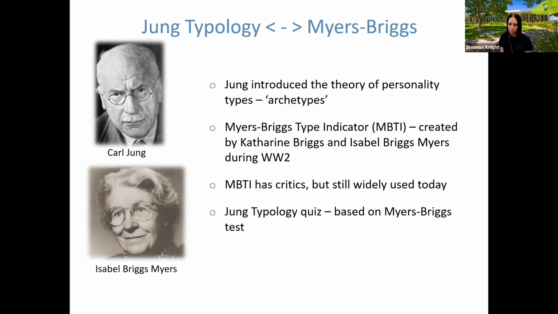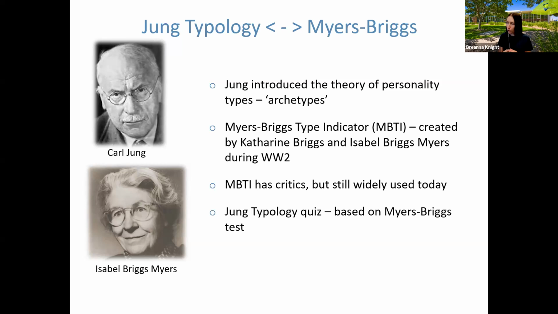Carl Jung was a Swiss psychotherapist and psychiatrist, and he was originally the pioneer of this theory of personality types and archetypes. He's often credited with the idea that there are different personalities and that we're all made up of different ways.